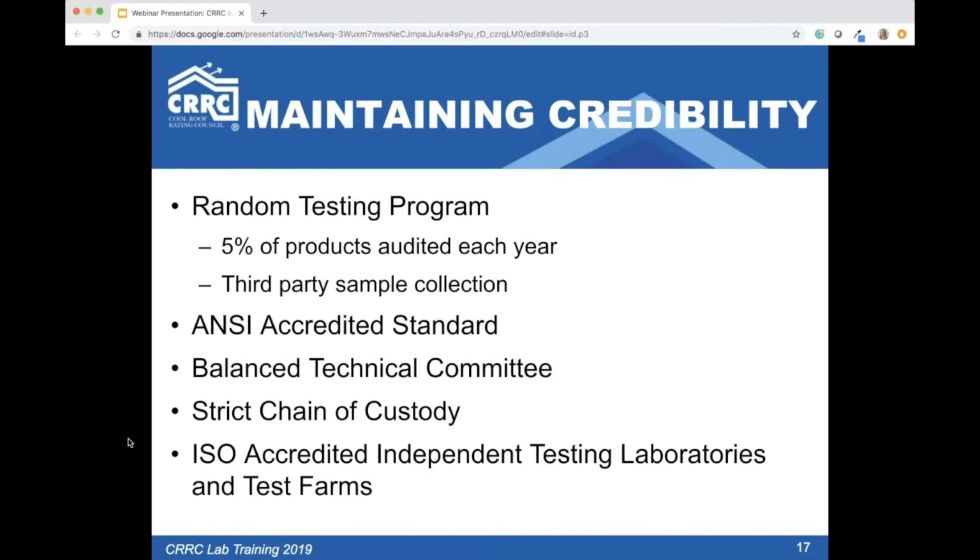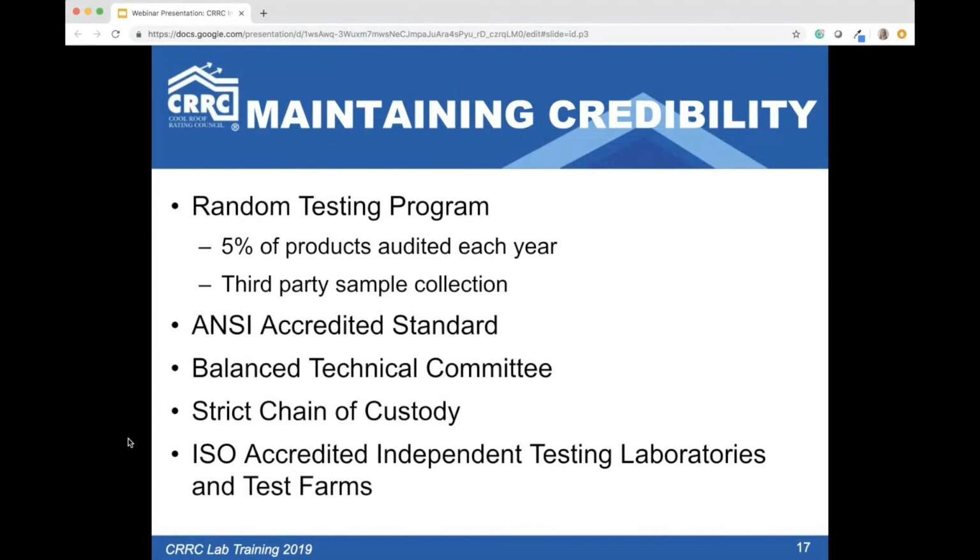So any stakeholder that has an interest in this topic has the ability to provide input on that document. As I mentioned, we also have a technical committee, and it is balanced. We have balanced requirements so that no one roofing manufacturer can have a majority in the group.